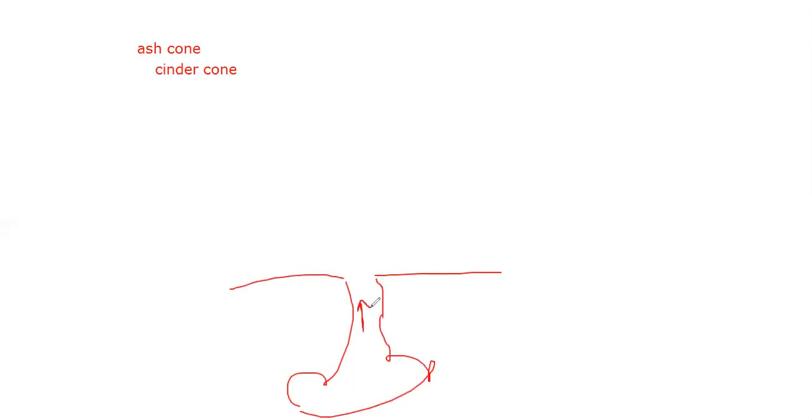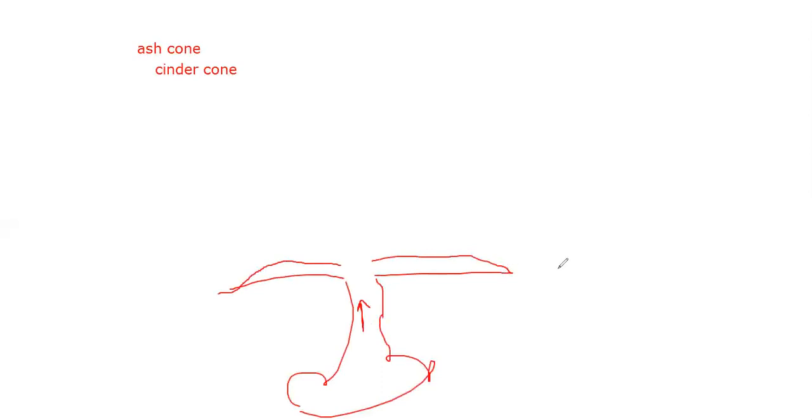Let me draw it down here. You'd have this layer, and then you'd have this opening with the magma chamber. When the magma is forced up and it contains a high level of silica, what would happen? As it flows in here, it would just cool, because it cannot travel large distances.